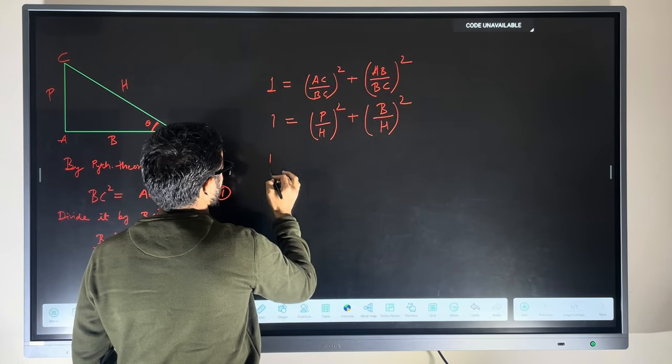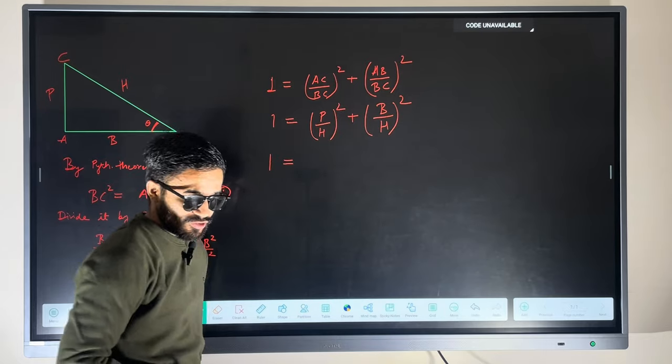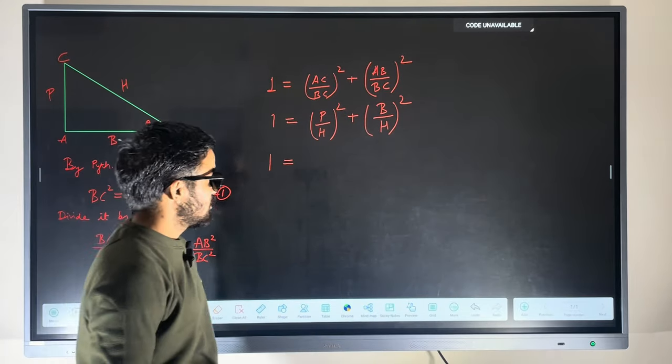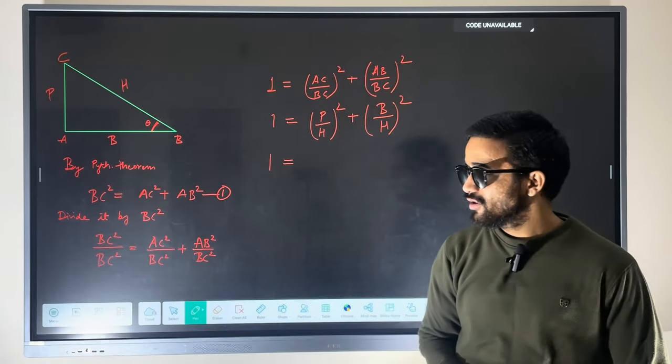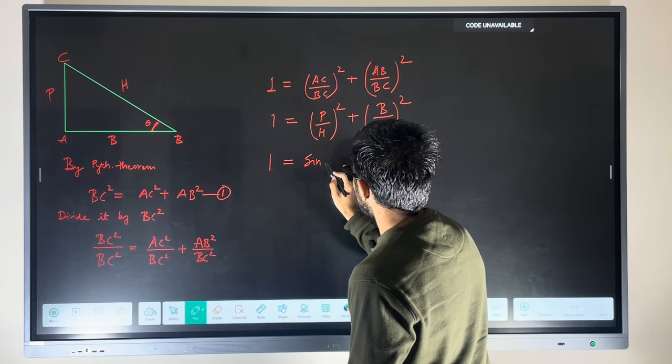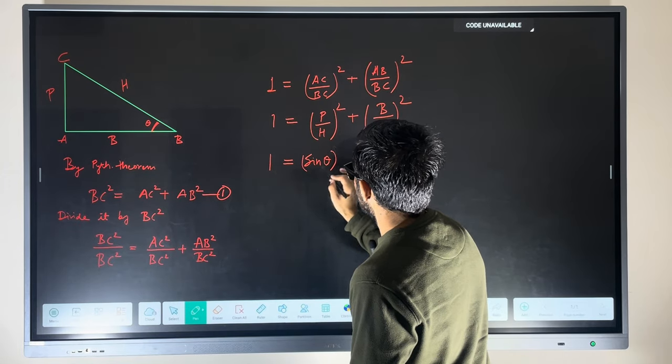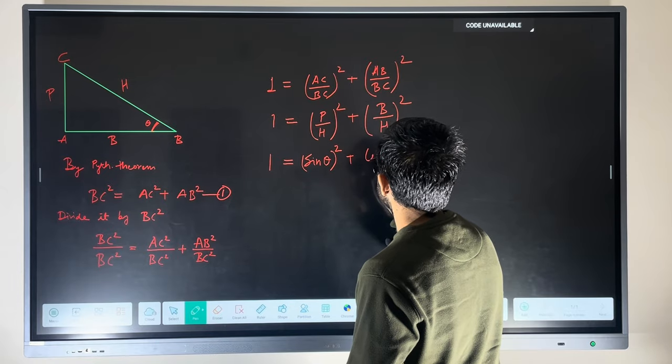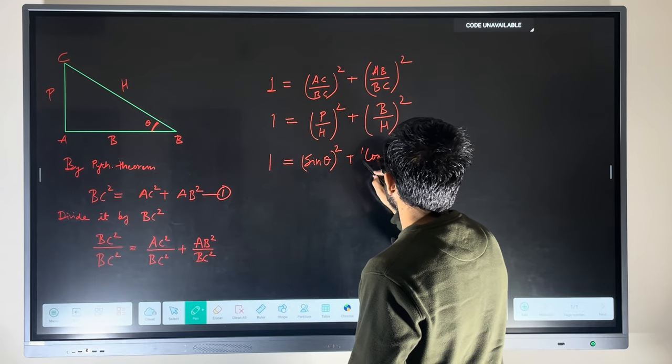Now from trigonometric ratios, which has the ratio perpendicular upon hypotenuse? We all know that it is sine theta whole square plus cos theta whole square.